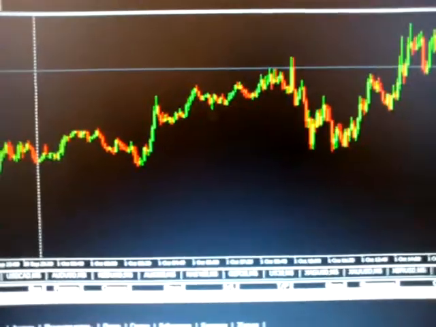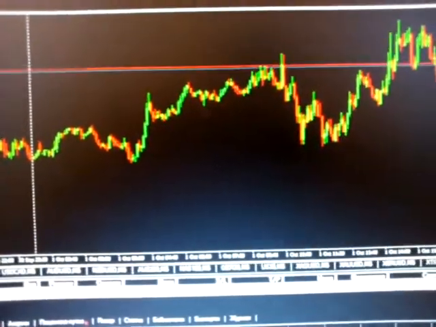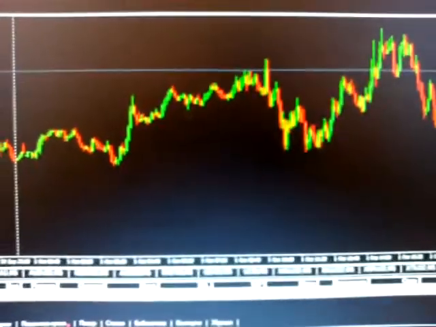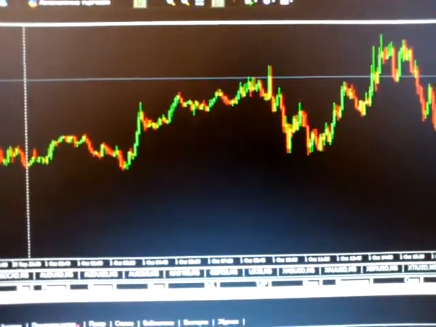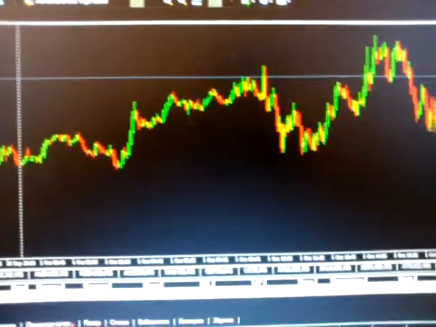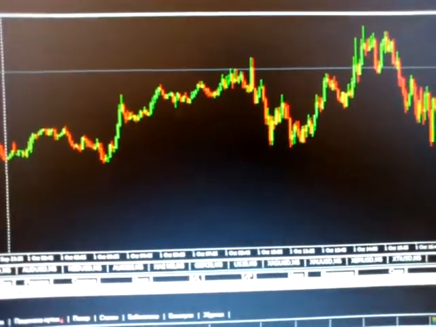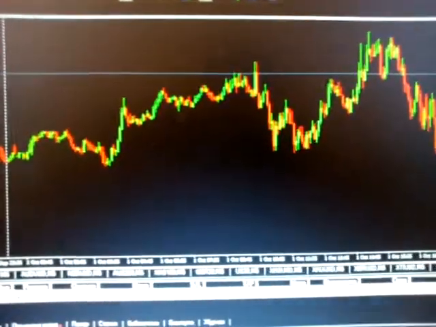Now, correlations are not cause and effect connections, okay? So if you have an oscillator or indicator and it correlates with the price at a certain time, that doesn't mean that it predicts and it has anything to do with the price.